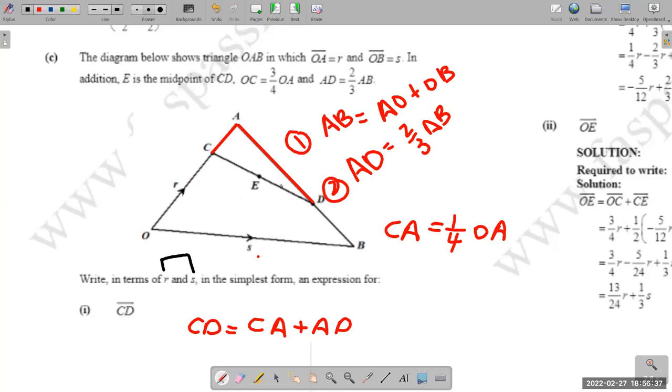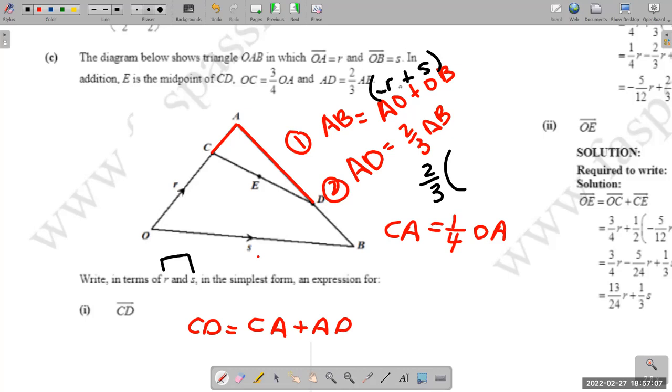You see, that's the part. You got to pay attention to the direction. Excellent. So it's going to be minus R plus what? What is OB? Excellent. So this is the formula for AB. So AD is just 2/3 of that.